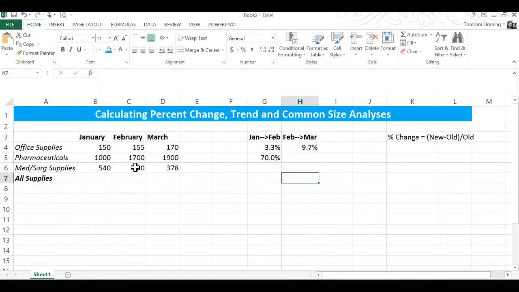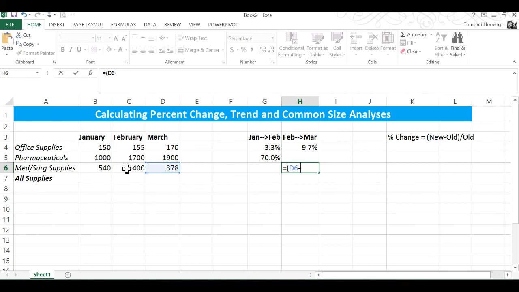So now let's do what the percentage change looks like for med-surg supplies going in the opposite direction, just to make sure that conceptually we get a negative sign for when we go from February to March for med-surg supplies. So we're going from February to March, which means, open parentheses, what is the old? What's the new?